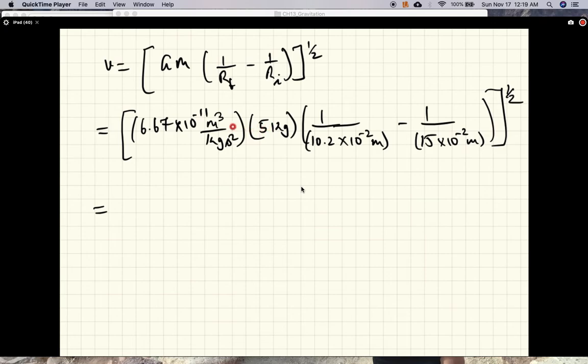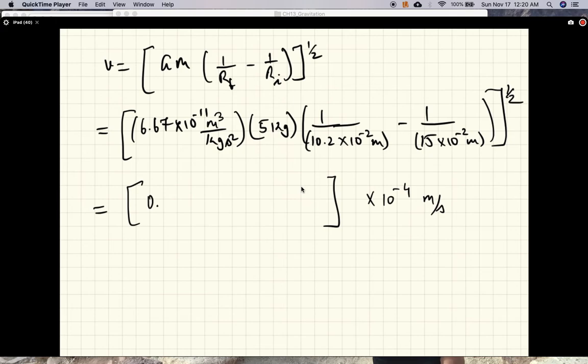We'll pull that out, so that's 10 to the minus 9, so we'll make this 10 to the minus 4 outside, and this is velocity, so this will be meters per second.